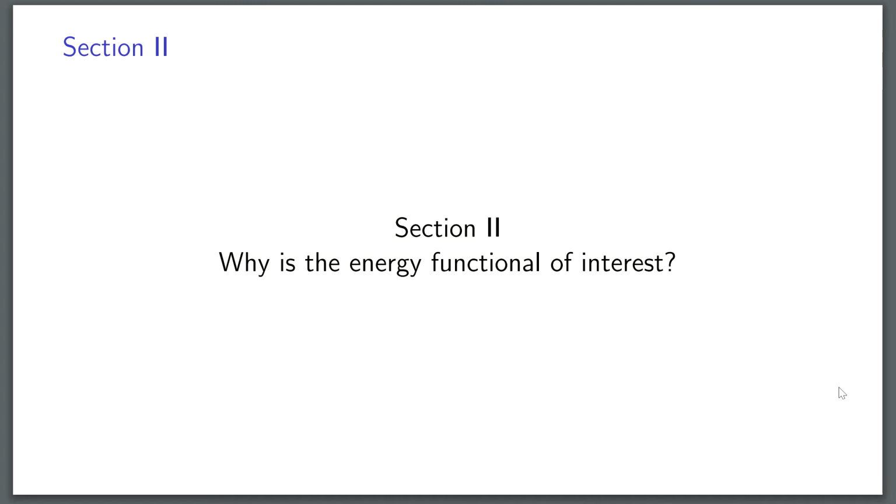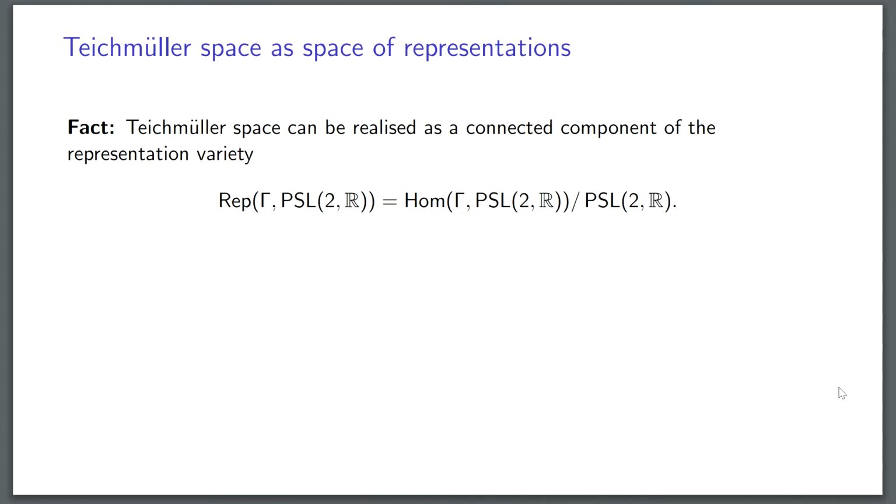And for this we first take a step back and consider the Teichmüller space, which before I've introduced as the space of complex structures on a surface. But we consider the following fact, namely that Teichmüller space can be realized as a connected component of a representation variety.